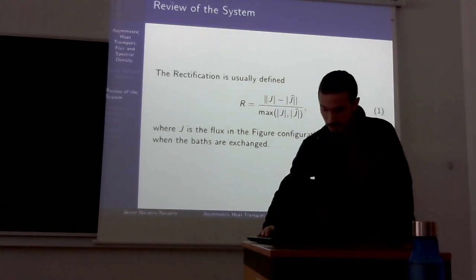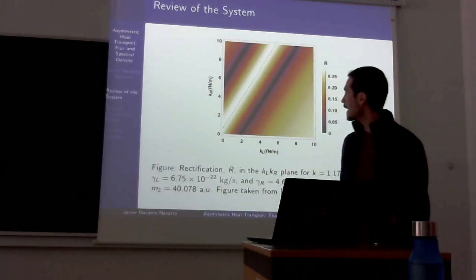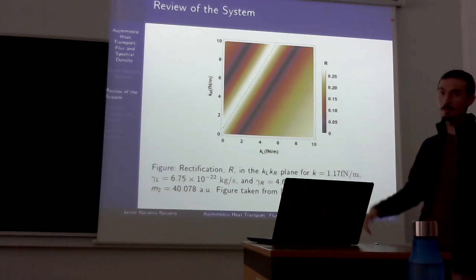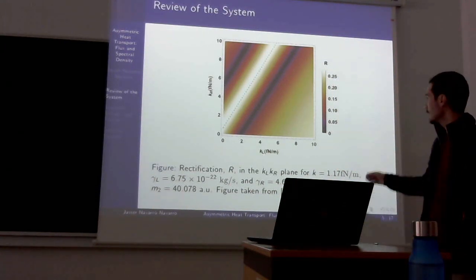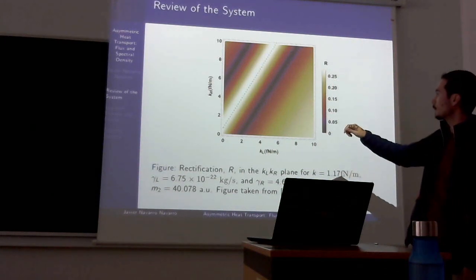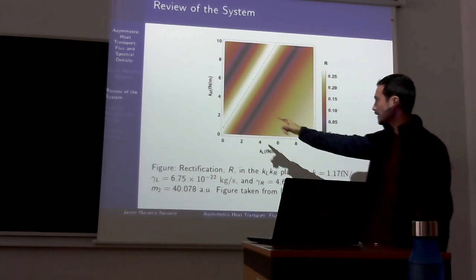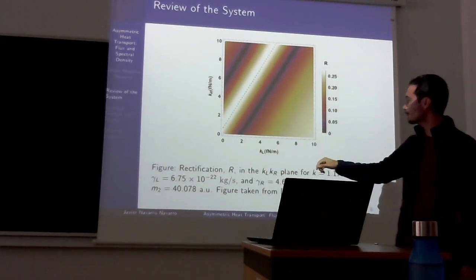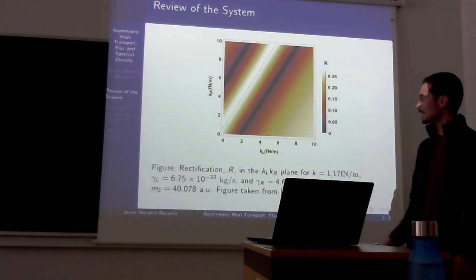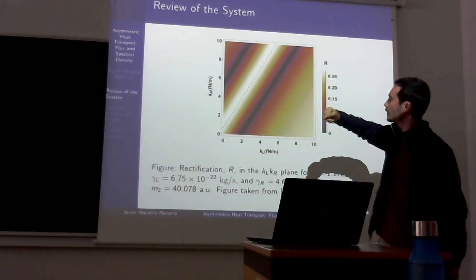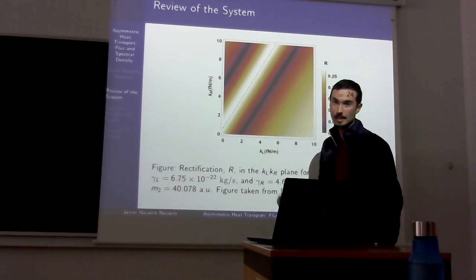If we define the rectification in this way, a parametric exploration over the parameters of our model can be done, and here we can see the rectification for different values of KR and KL. We can see that the maximum value of the rectification follows almost this straight line.